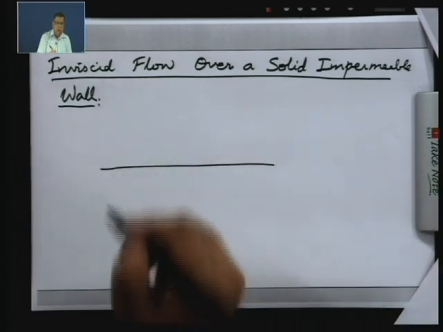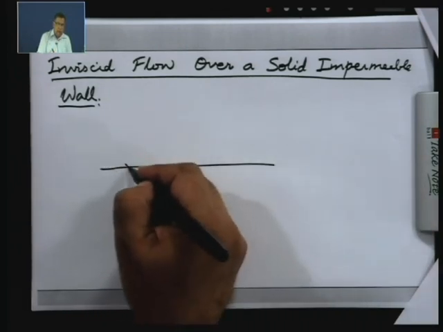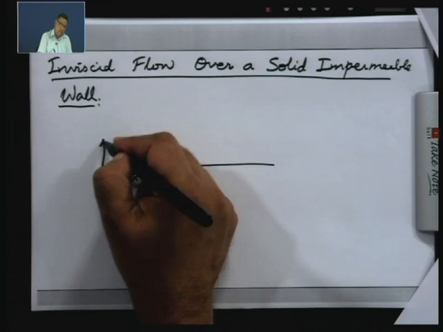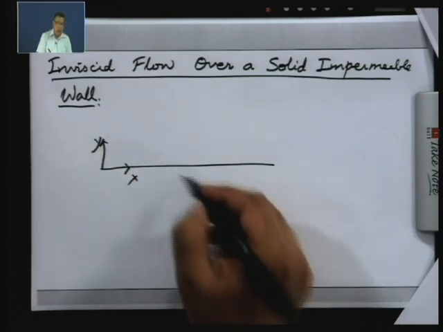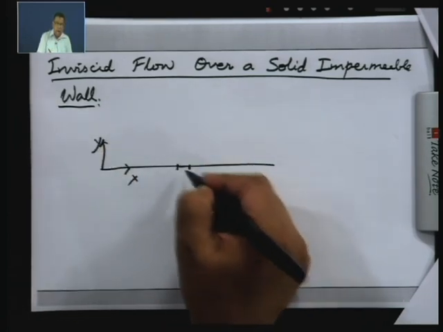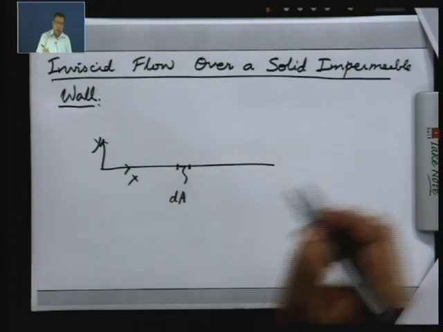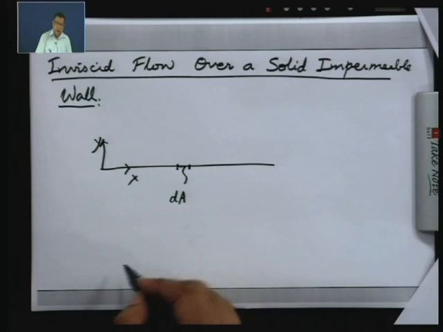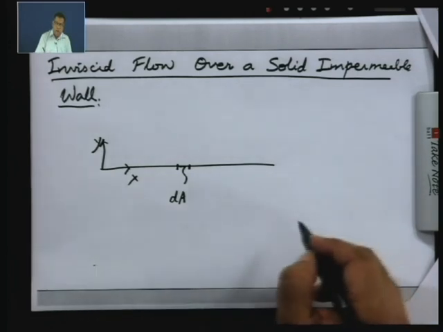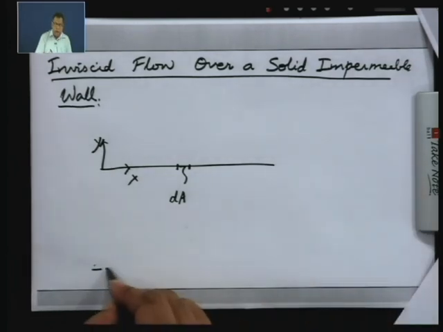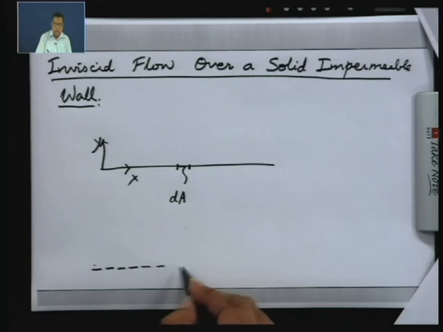Suppose this is the wall and I have x along this and y along this. Now, I can take a small area element here, dA. We will consider as another example a porous wall, which I will indicate by dotted lines.